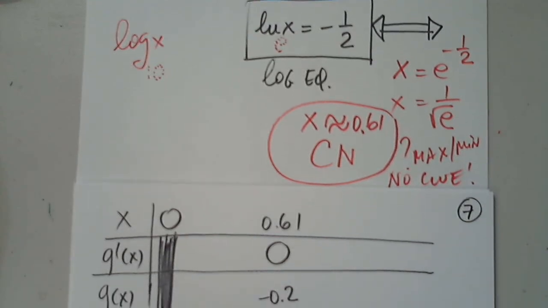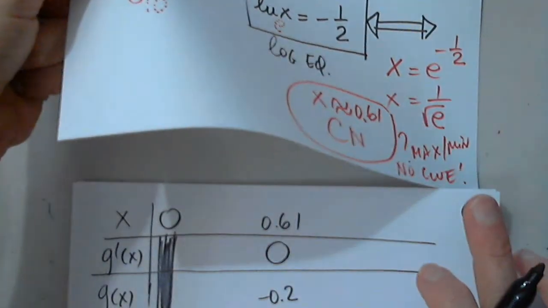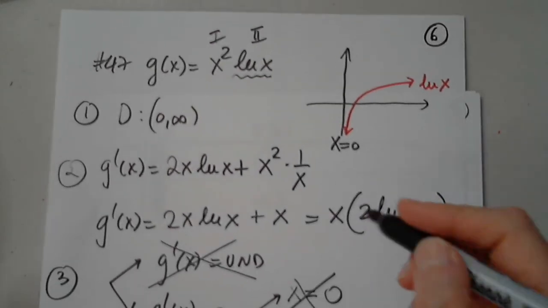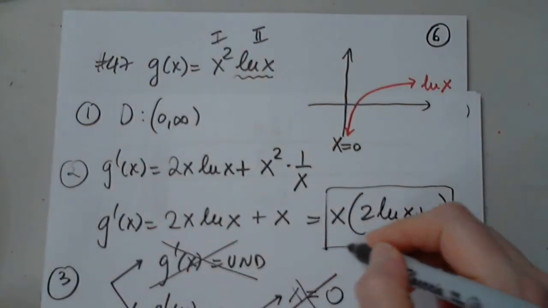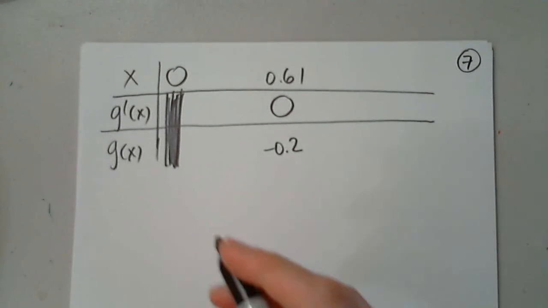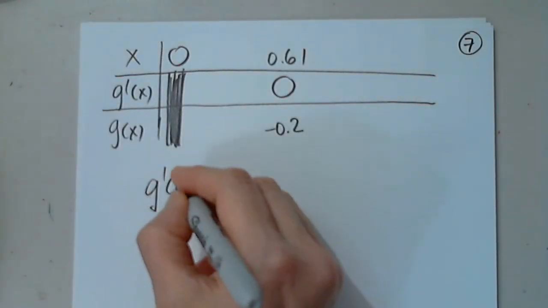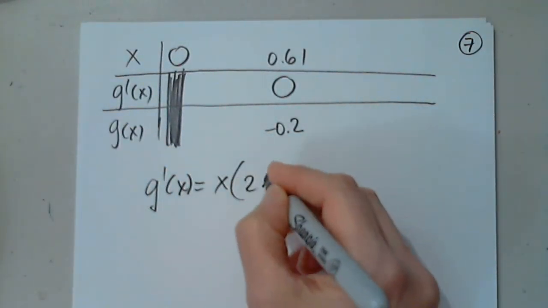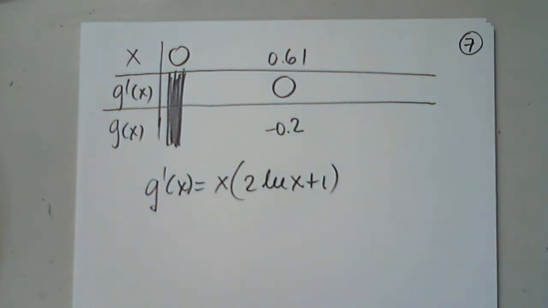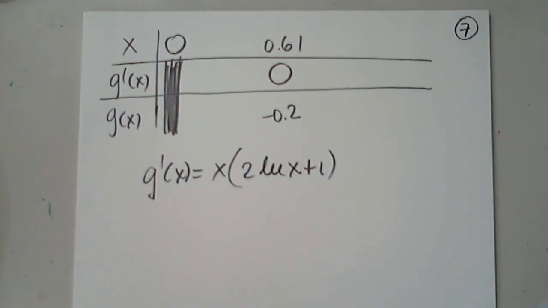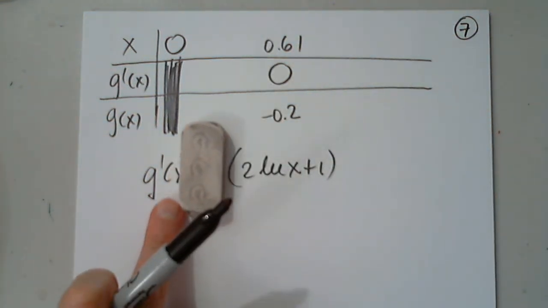Perfect. So now, here is the derivative. I'm going to copy it one more time because it's easier if I have everything here. So g prime is x times (natural log x plus 1). Remember, this is 0 to infinity. Don't waste your time with x.